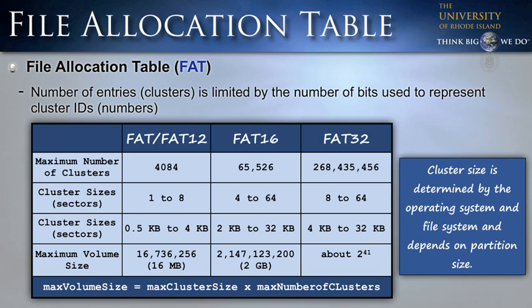If we multiply the maximum cluster size of 32 kilobytes times the maximum number of clusters, we see that the largest accessible data area on a FAT16 volume is about 2 gigabytes. That is why many disks, volumes, and memory cards were restricted to a 2 gigabyte size until the last few years. The operating systems and drivers relied on FAT16 and so were unable to access data on a larger volume.